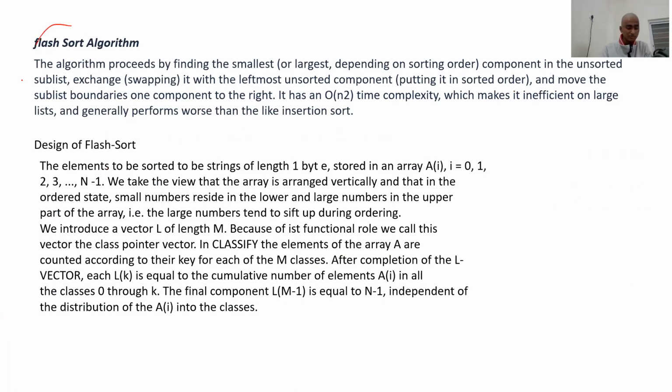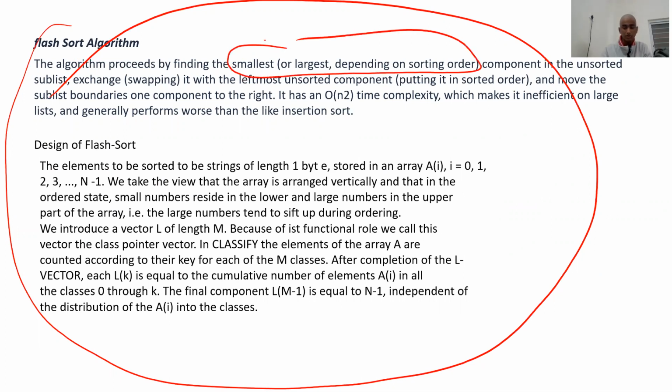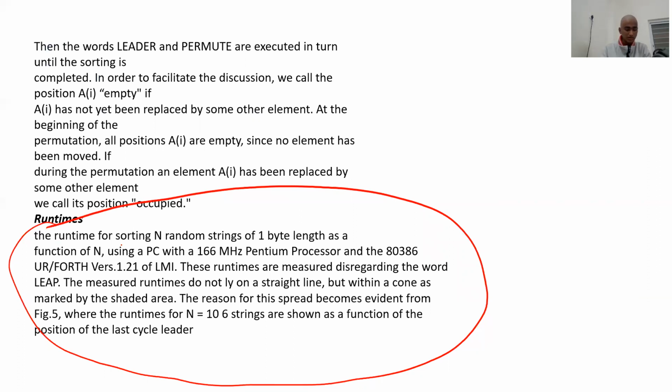Flashsort algorithm. We can see this is an algorithm for flash sort. The algorithm proceeds by finding the smallest or largest element depending on the sorting order. Here we can see the run times. The runtime for sorting n random strings of 1 byte length as a function of n using a PC with a single processor.